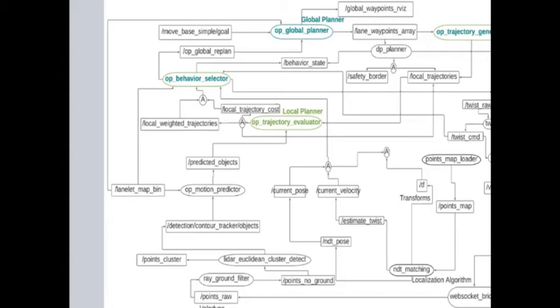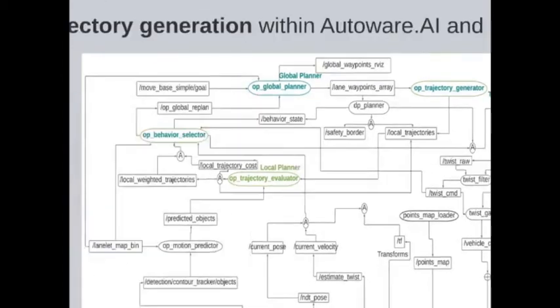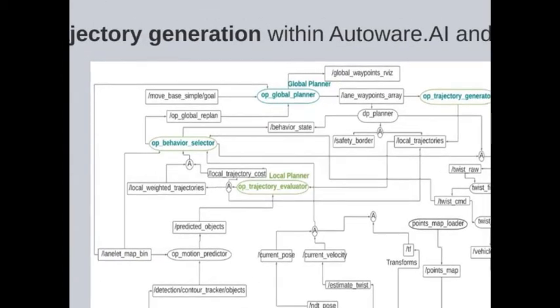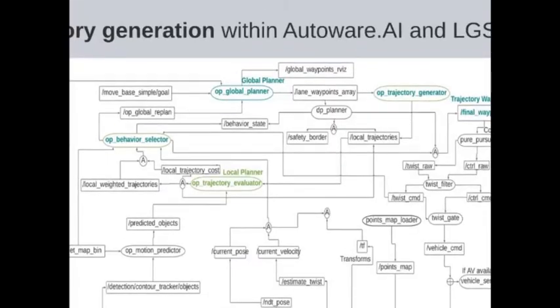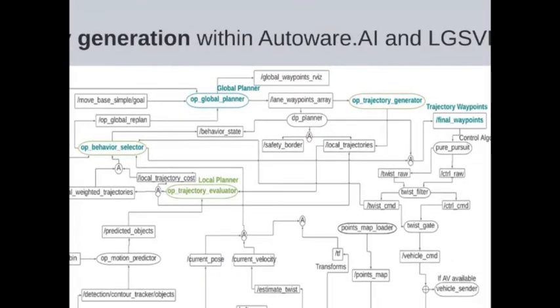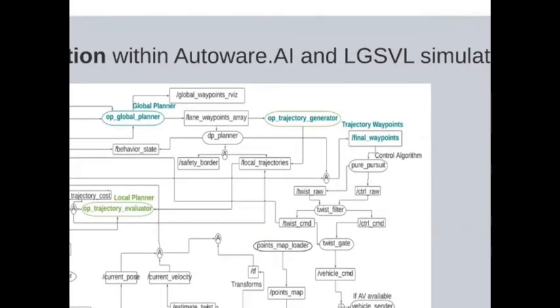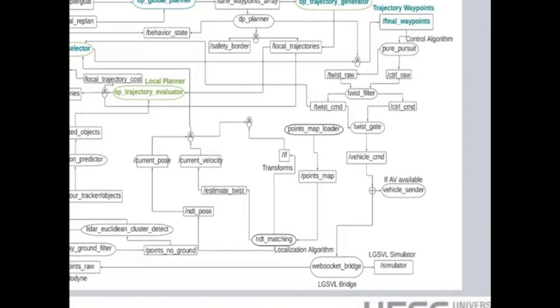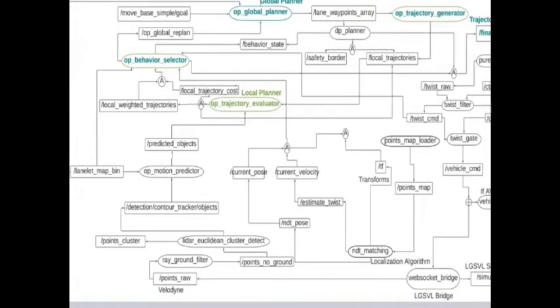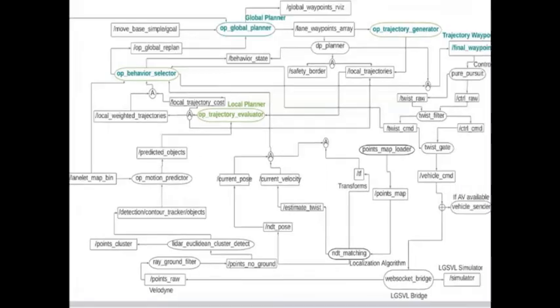So the behavior selector processes all this data and says, okay, use this rollout, or use the center, keep using the global planner, there is no obstacle. It then also provides the final waypoints. Then again the same structure is sent to the controller.